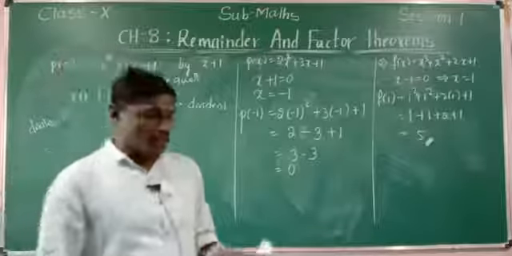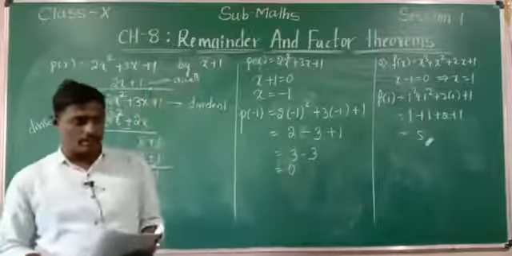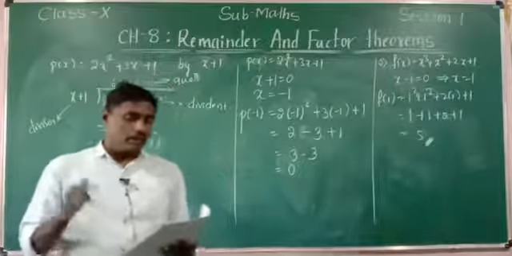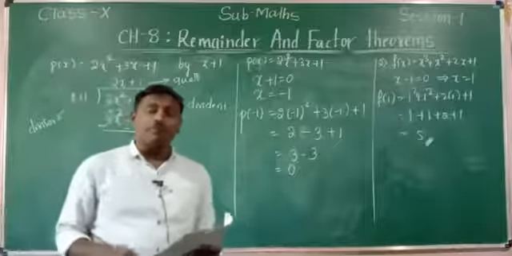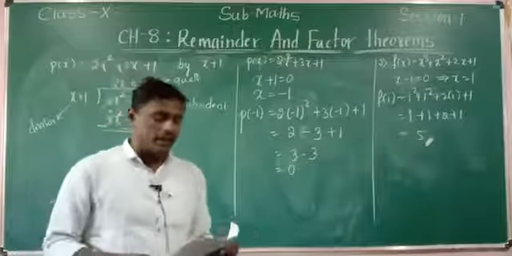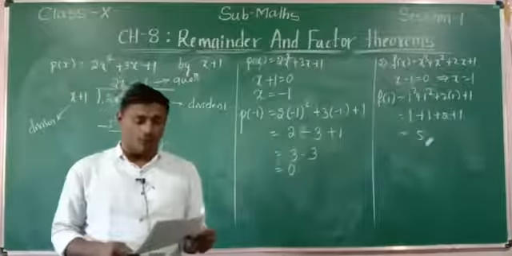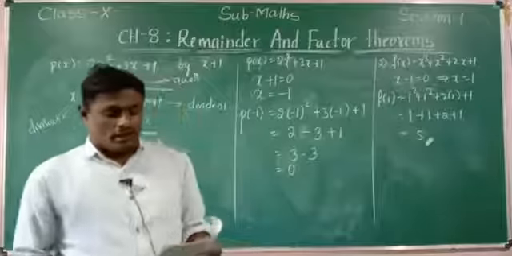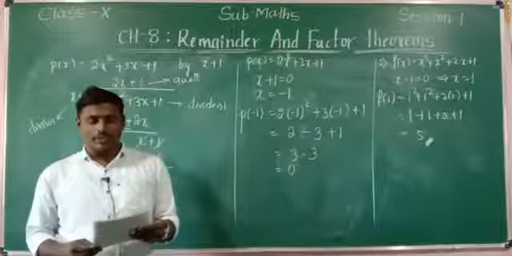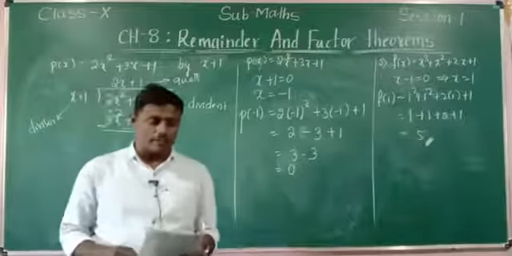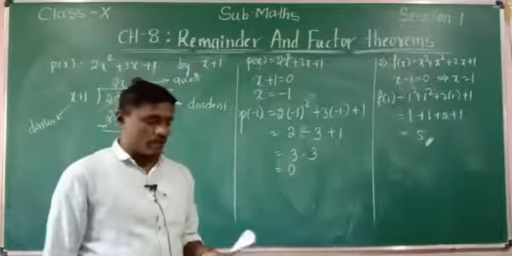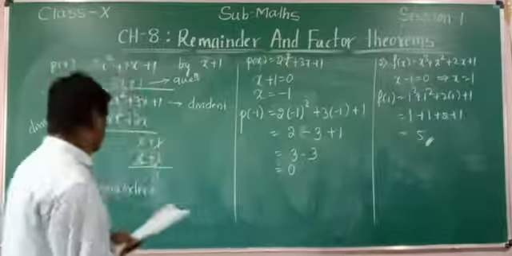Now see the statement of the remainder theorem. First I will read the statement. Let P of x be a polynomial of degree greater than or equal to 1 and a be any real number. If P of x is divided by x minus a, then the remainder is equal to P of a.